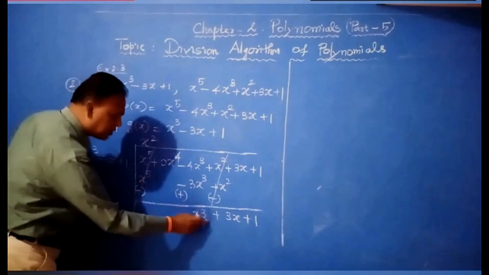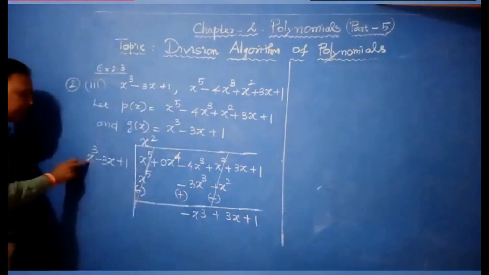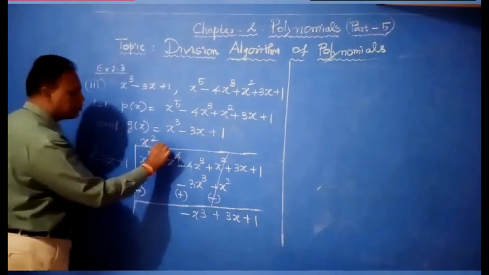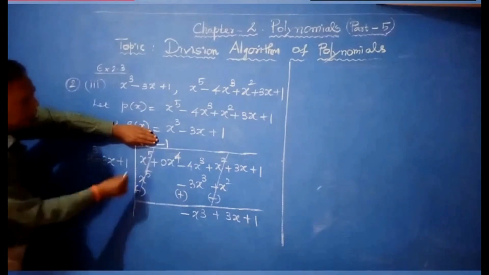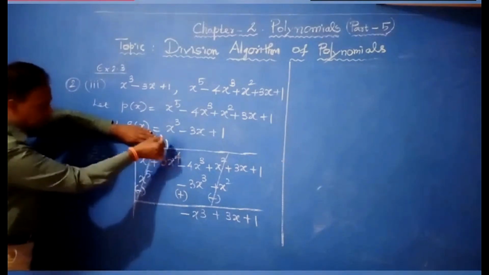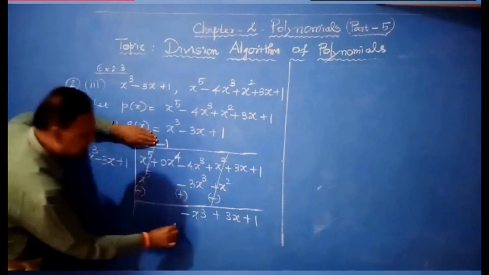Now again this first term by this first term, what will you get? Minus x cube by x cube, minus 1. So this x squared ignore. Take minus 1 and multiply with this. Minus 1 into x cube is minus x cube.